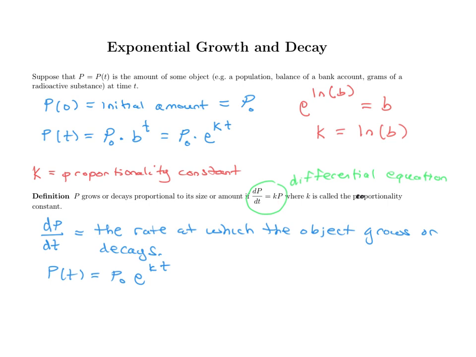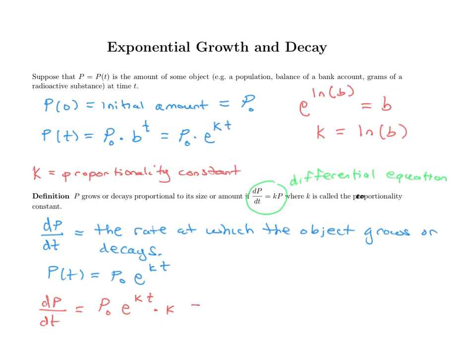Let's see. So dP/dt, if I take the derivative of this thing, well, this is a number, and we have e to a power, and k is a number. Taking the derivative means I'll have to multiply the whole thing by k. So I get P naught e to the kt times k. So this number comes out by the chain rule.